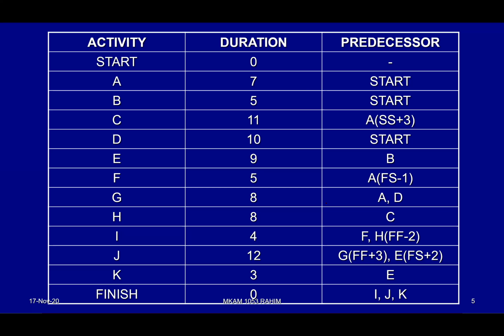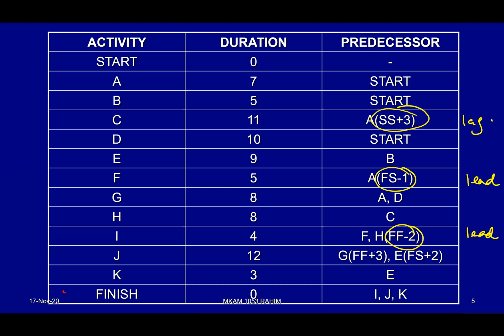Okay, now we come to our example of a PDM diagram, which has different types of relationship. You notice the different types of relationship. SS plus 3, meaning there is a lag here, and then minus 1 here, a lead or negative lag, and this one also leads by 2.